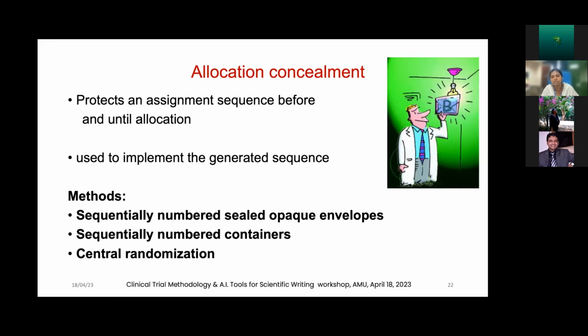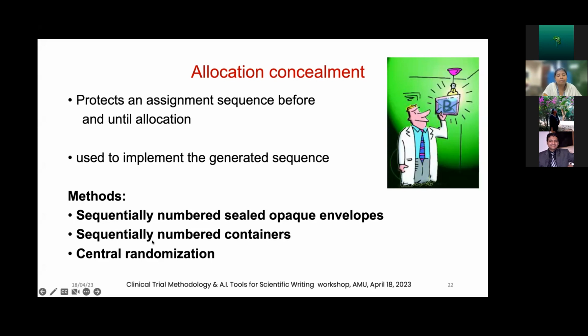It has to be preserved so that it serves as an audit trail for your monitoring team. Sequentially numbered sealed opaque envelopes are preferred in single center academic trials where investigator-initiated resources are very limited, as long as they are honored properly. That's when the randomization is preserved.